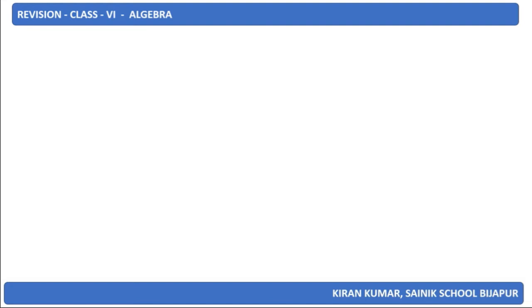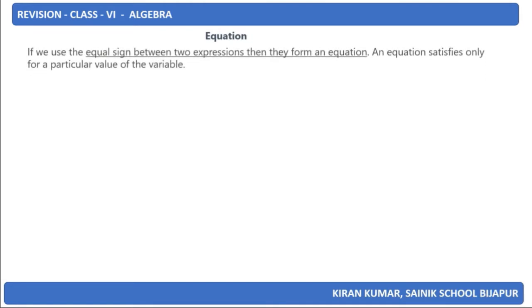Let's discuss an equation. If we use the equal sign between 2 expressions, then they form an equation. An equation is satisfied only for a particular value of the variable.